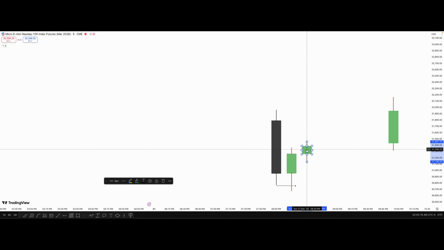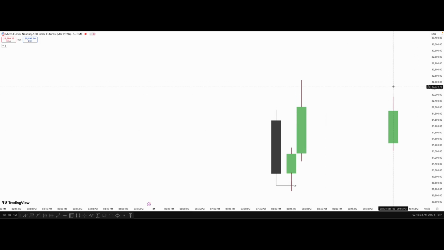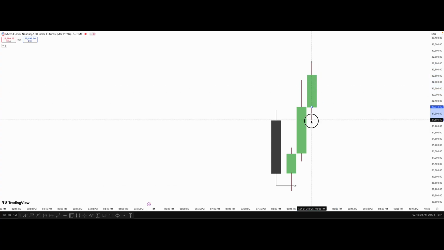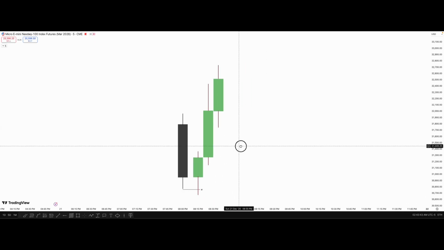Whenever there is a consolidation, what the price does is it will expand higher, isn't it? It will expand higher, similar to this, something like this. When the price is expanding higher like this, what is it creating? It is creating fair value gaps in between, right?